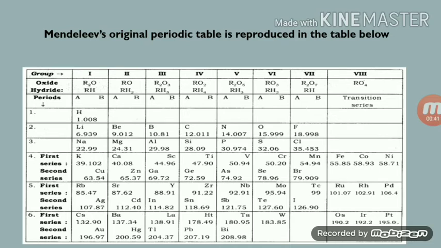It can be in the seventh group or in the first group. There is a huge confusion because its atomic mass is only 1, so it is very confusing to fix its position.